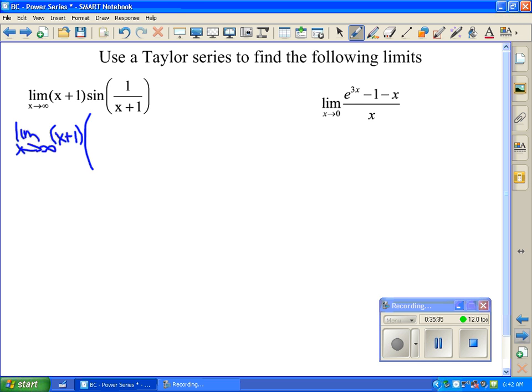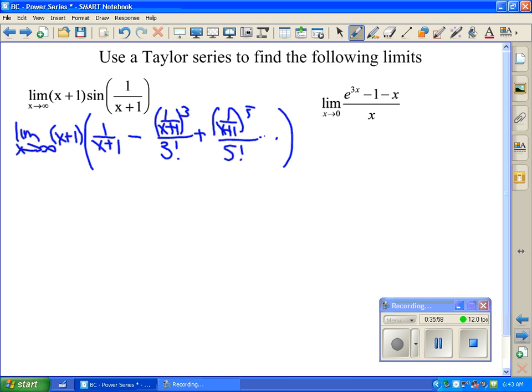Basically, sine, if you recall, are your odd powers, and they alternate in sign. So the first one was quote-unquote x. So here it's going to be 1 over x plus 1. The next one was negative, and it would be your odd power. So 1 over x plus 1 cubed over 3 factorial. And then the next one will be 1 over x plus 1 to the 5th over 5 factorial, and so on and so forth.